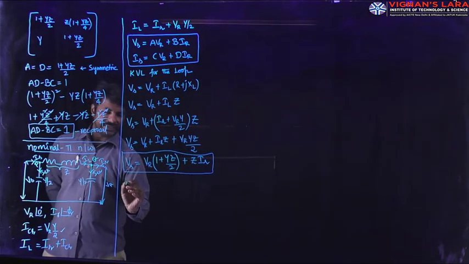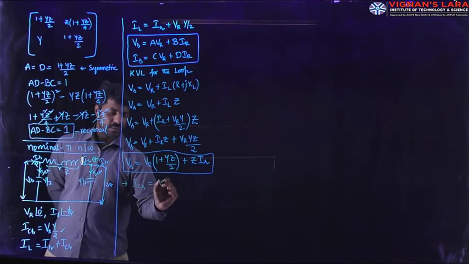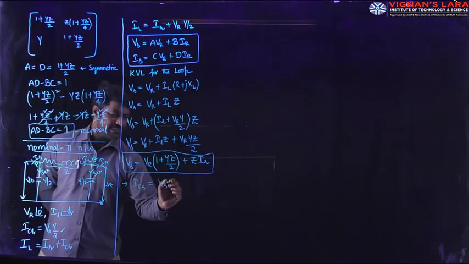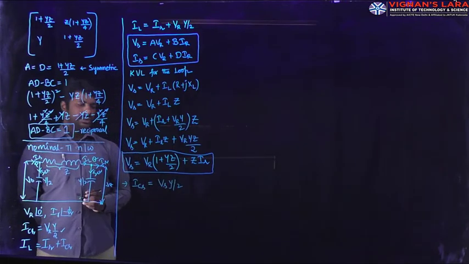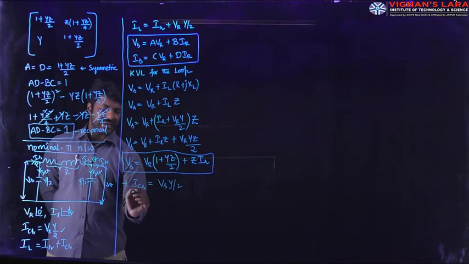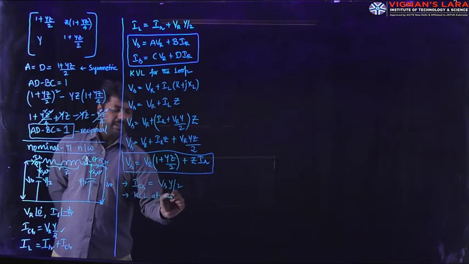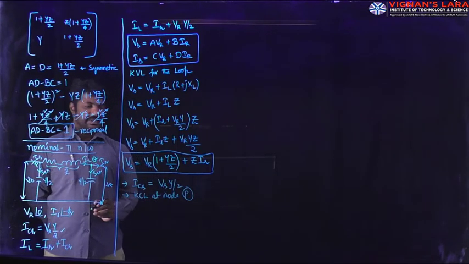I can write ICS as the voltage across it, Vs, multiplied by the admittance of that branch, Y by 2. Once getting this ICS, apply KCL at node P.